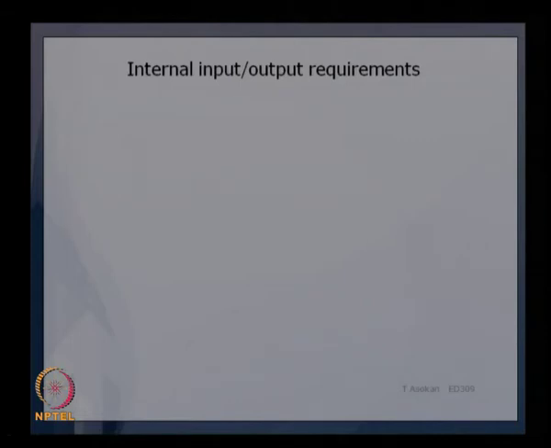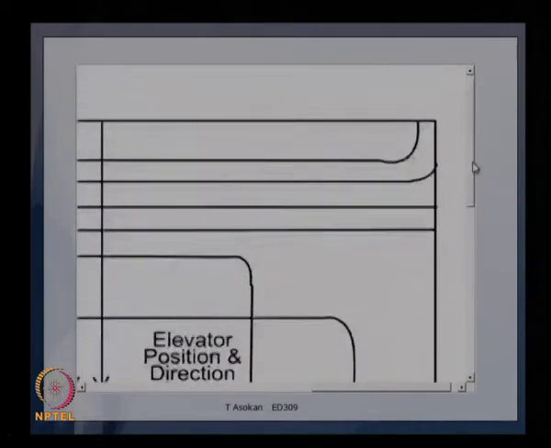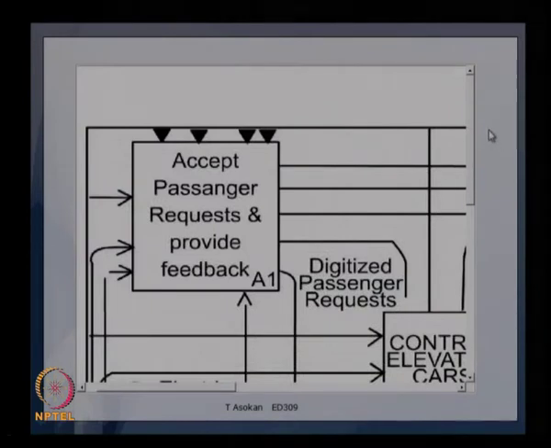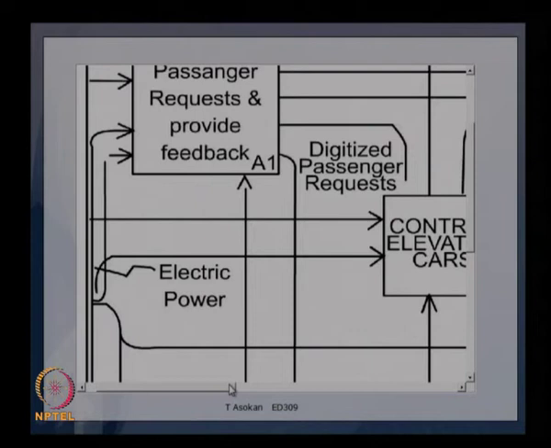Looking at the example given for the elevator system, when you allocate the components of the system, these are the main functions A1, A2, A3 and A4 in terms of the IDEF0 diagram.